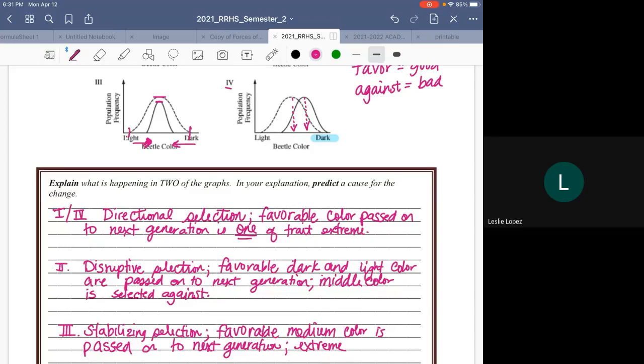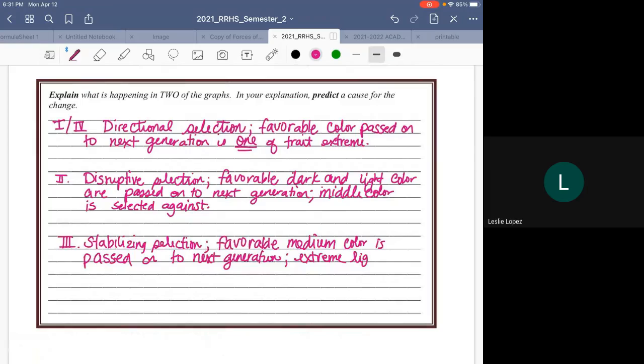And so I'm going to put here that the extreme light and the extreme dark are selected against.